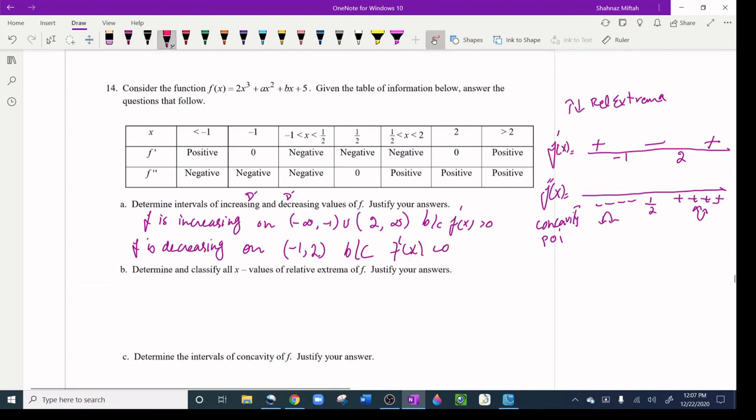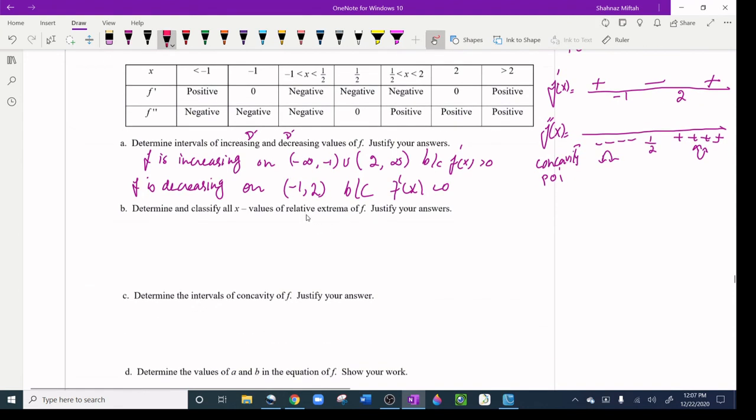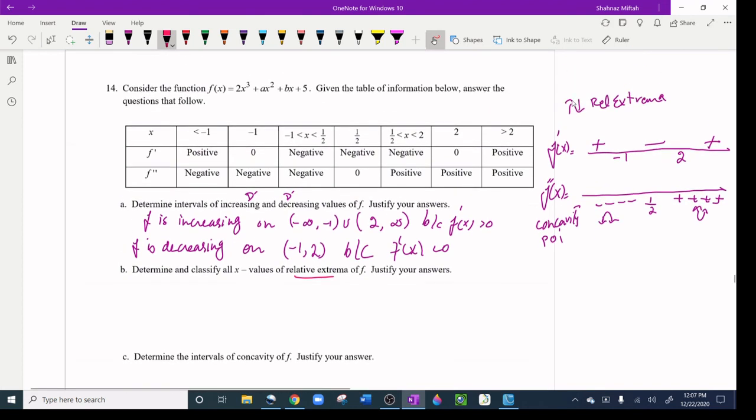Now, next one. Determine and classify all the values of relative extrema. Relative extrema means relative max and min, which also deals with f prime. I already wrote it down up here. So from positive to negative, like negative 1, this is maximum. From positive to negative, that's relative max. From negative to positive, that's min. So I'm going to say the same thing.